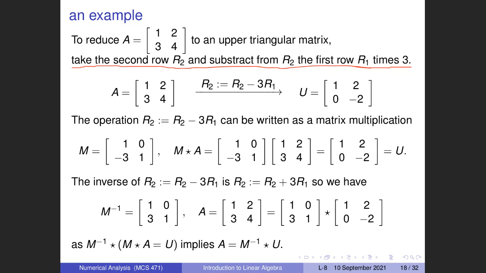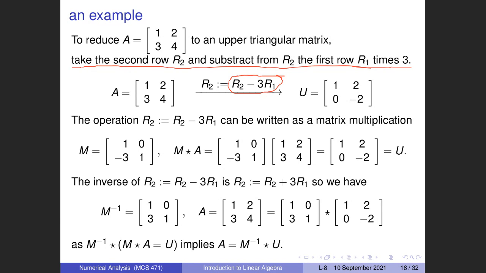Notice that this is again a vector operation. So we do here an operation of 2 vectors, a scalar multiplication and a subtraction. That gives us the upper triangular matrix.